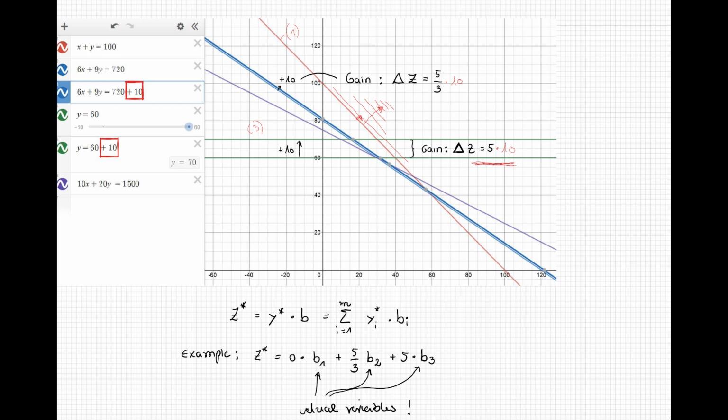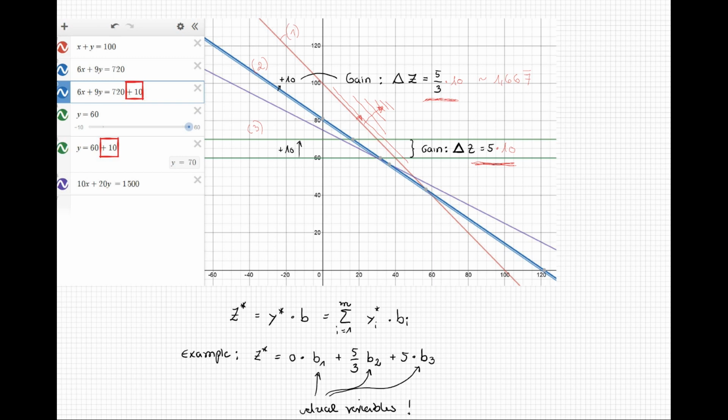And if we look at the second constraint, given by the blue line, we see that if we increase that resource by, for instance, 10 units, then we can gain a value of 5 divided by 3, and this is the shadow price that we have just seen, 1.667.